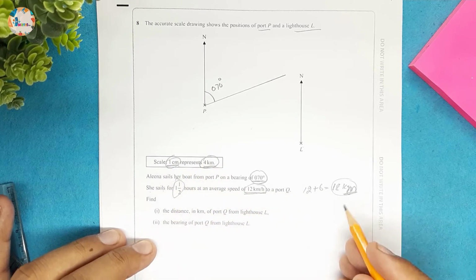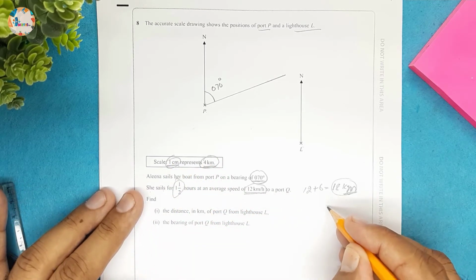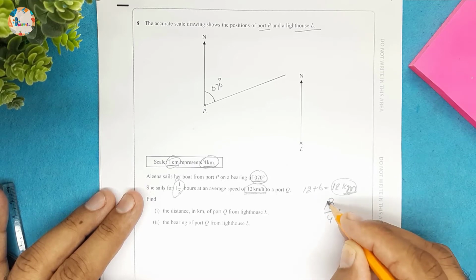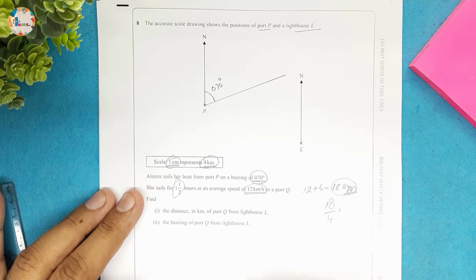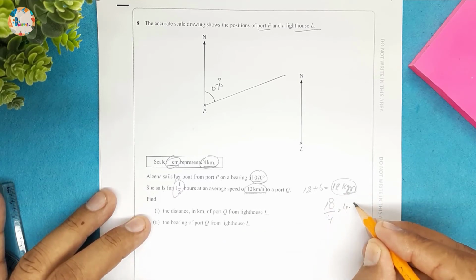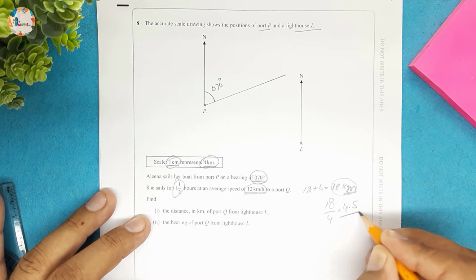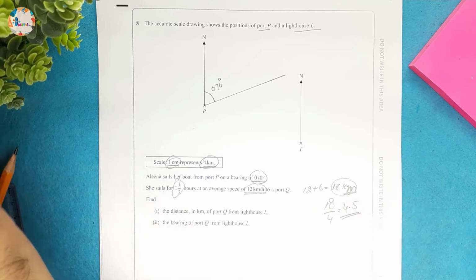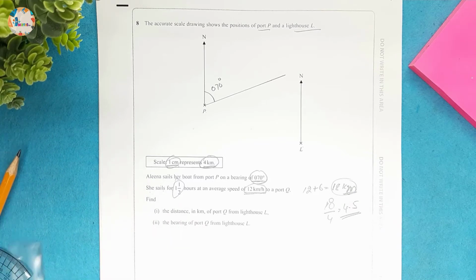1 centimeter is equal to 4. So 18 divided by 4 will be 4.5. So 4.5 basically we have to measure and intersect.